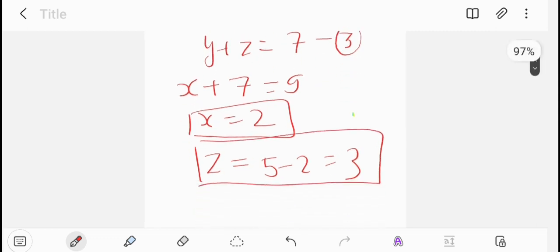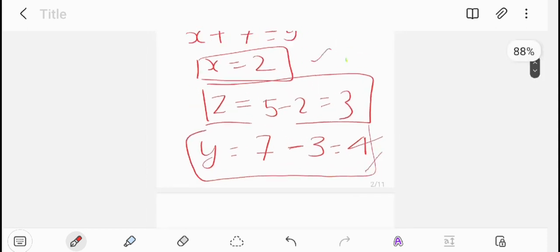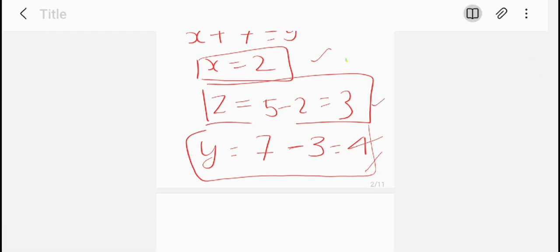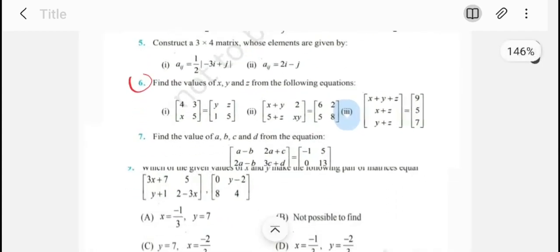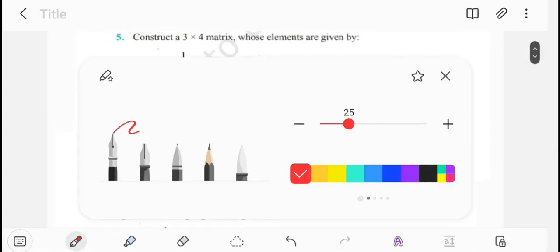Now substituting this value in third, we get y is equal to 7 minus 3, which is equal to 4. So x, y and z are these values. I hope this is very much clear to you, and in a similar way you can also do the remaining two parts of question number 6.